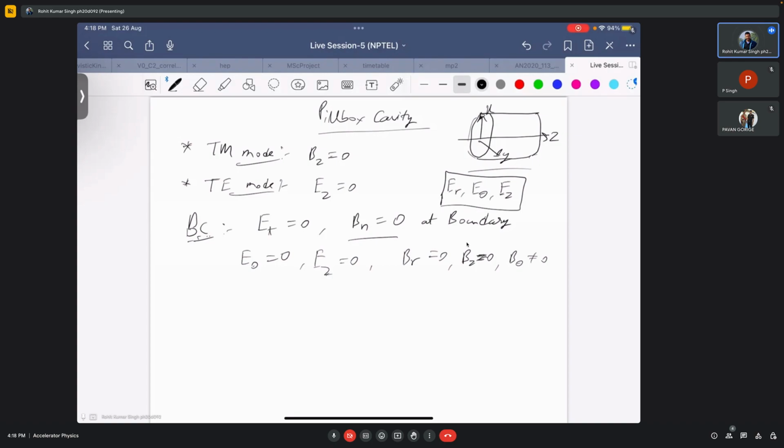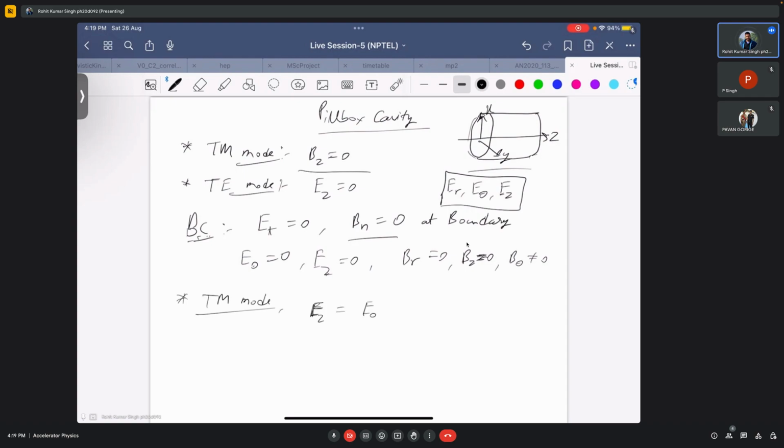Okay. So these are from basic electrodynamics that you have studied in your bachelor's. Then in particular, when we have the transverse magnetic mode in the cavity, Bz is zero, and we have Ez, the electric field in the z direction, and its form is given like this.